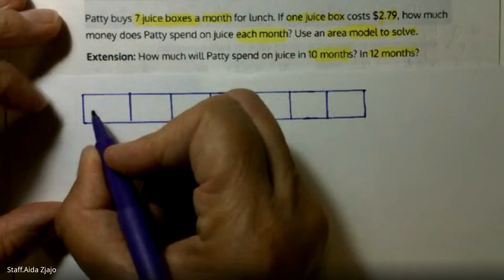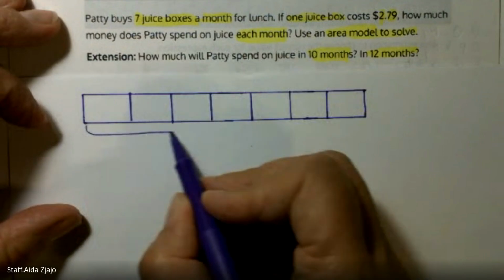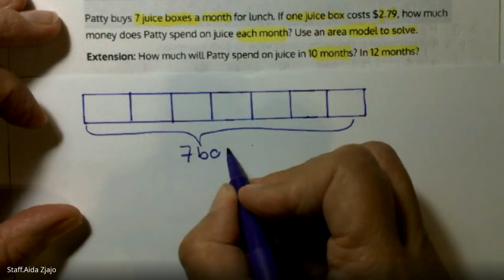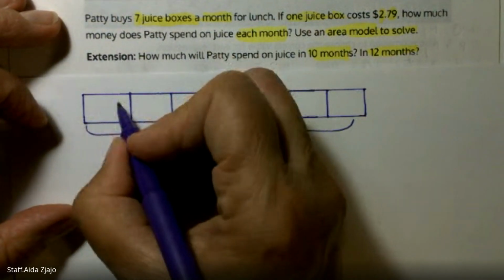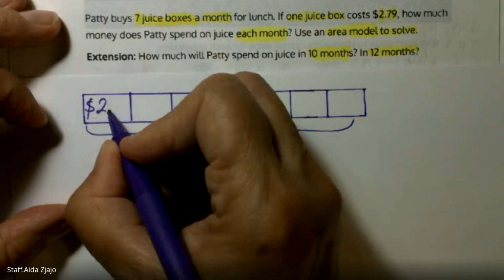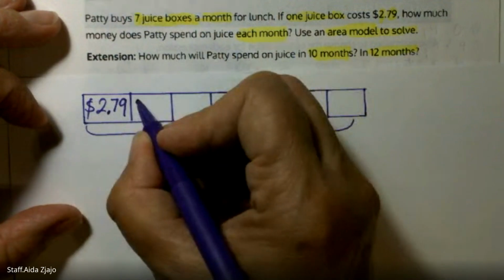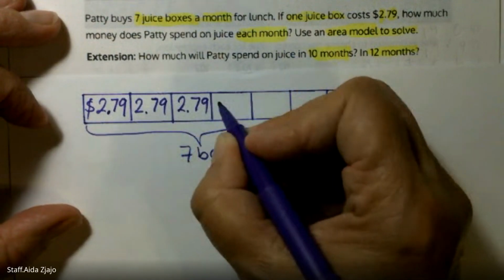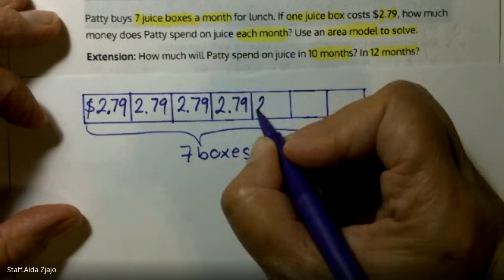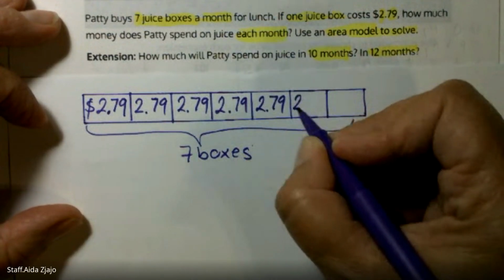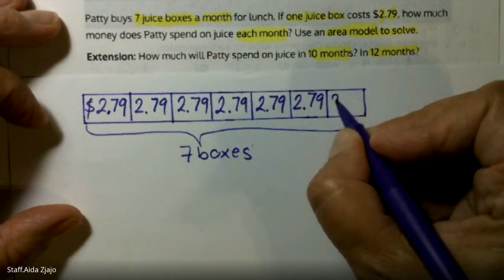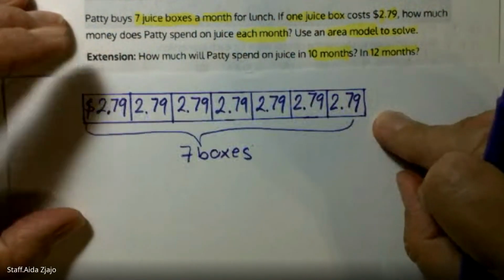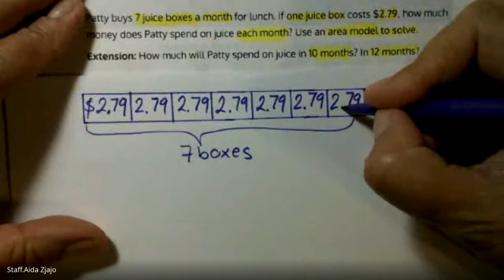So this is 7 boxes, and each box costs $2.79. So $2.79, $2.79, $2.79. If you are going to do a whole number addition strategy, you can add all these values and you're going to get the answer.